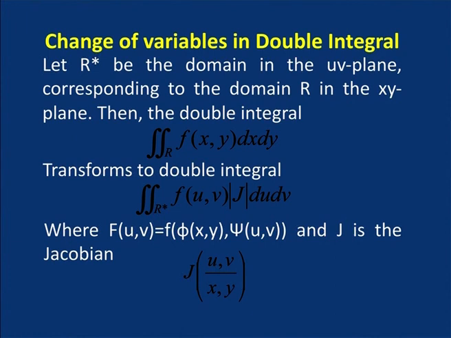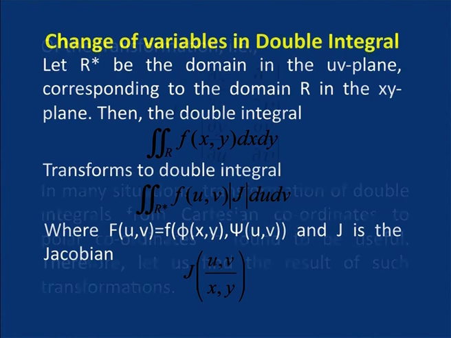Then the double integral over R of f(x, y) dx dy becomes the integral over the region R star of f(u, v) times the Jacobian J du dv, where f(u, v) is some function of phi(x, y) and psi(u, v), and J is the Jacobian defined as the partial derivative of u and v with respect to x and y in determinant form.